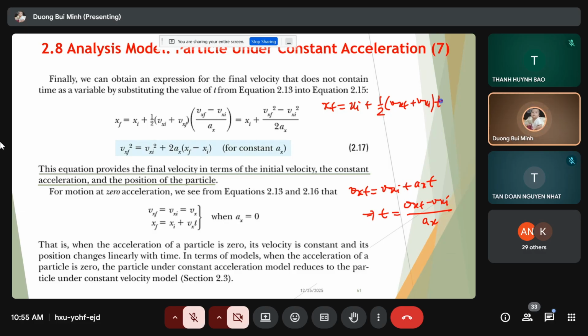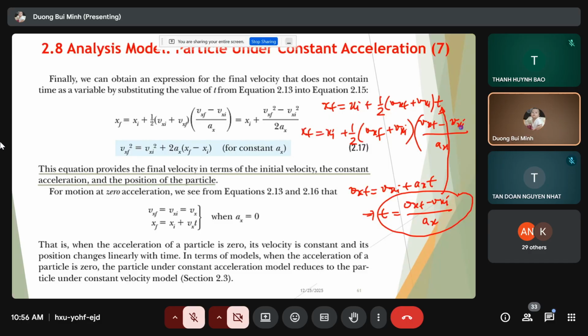So if I would like to eliminate the variable t, I replace t here. Now I get xf is xi plus half Vxf plus Vxi, and then t is Vxf minus Vxi divided by ax. And then I continue to modify.